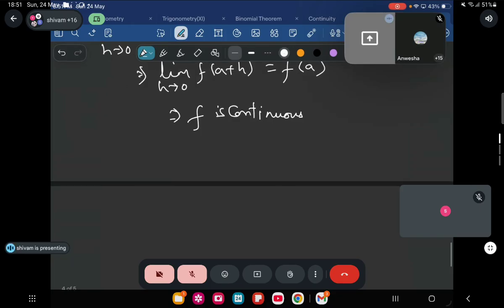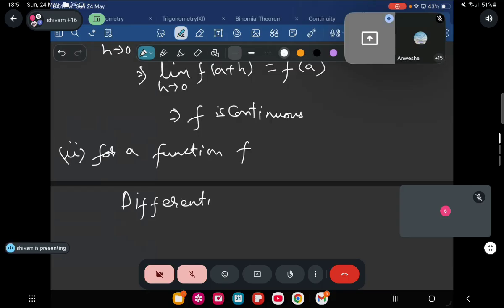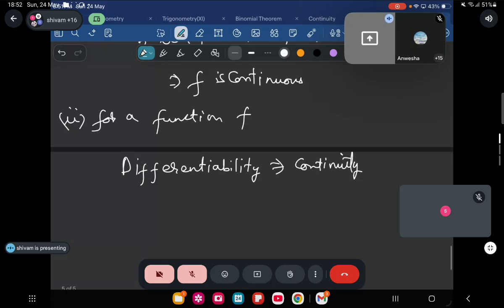Next. For a function f, differentiability implies continuity. For a function, differentiability implies continuity.